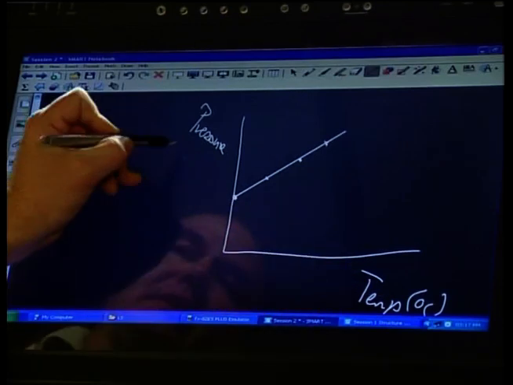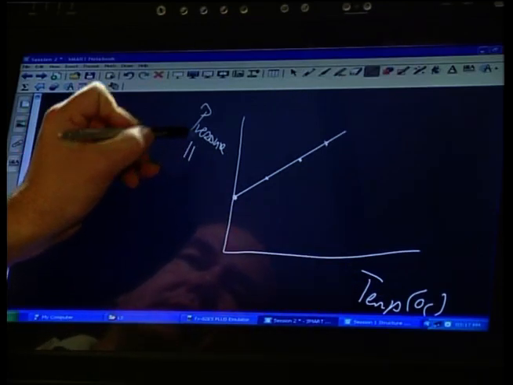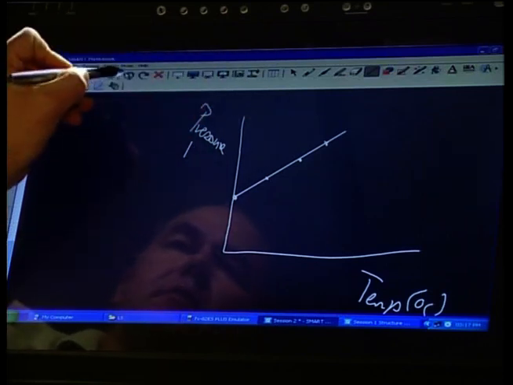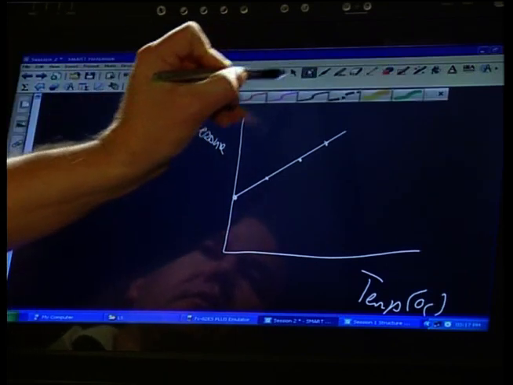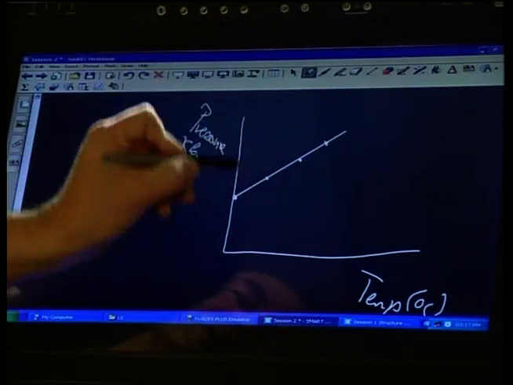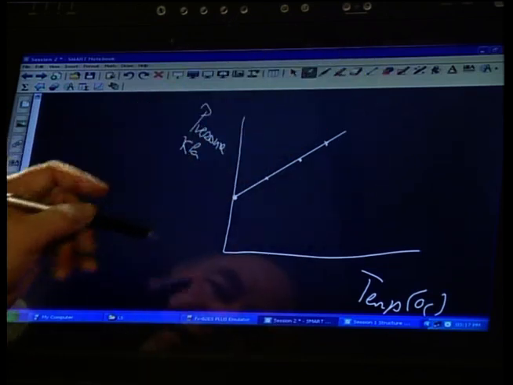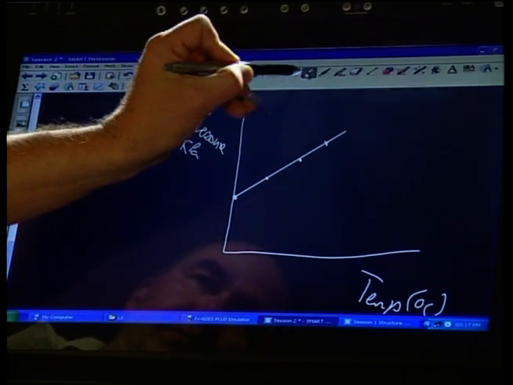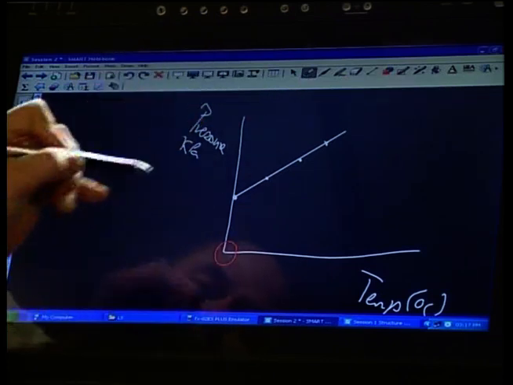Problem is, this isn't directly proportional, because my temperature is in degrees Celsius and my pressure was in kilopascals. Although it's a straight line with a constant gradient, notice the problem: it doesn't go through the origin.